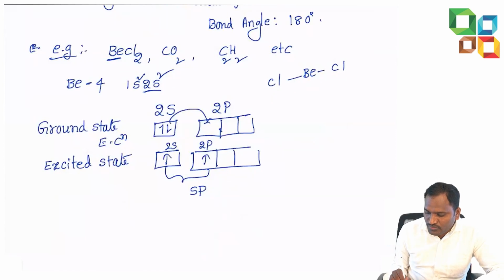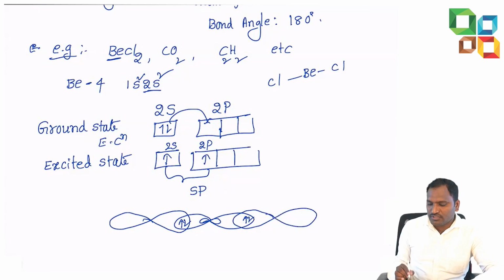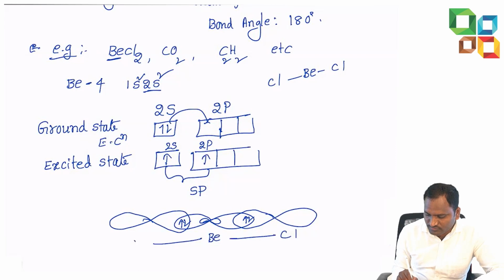Beryllium created this one hybrid orbital, this one hybrid orbital. Here one electron is there, here one electron is there. This unpaired electron orbital of beryllium will overlap with the p orbital of chlorine, like this. Now, the central atom is beryllium and these are the chlorines.